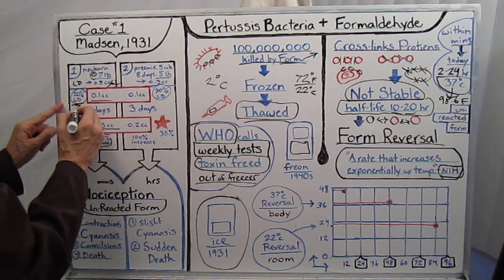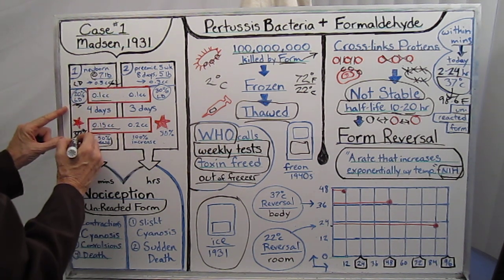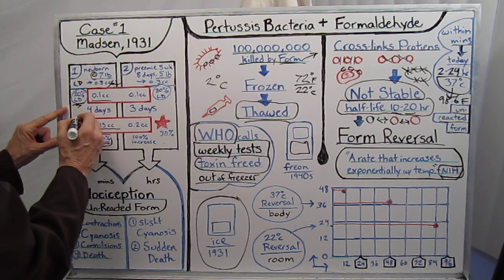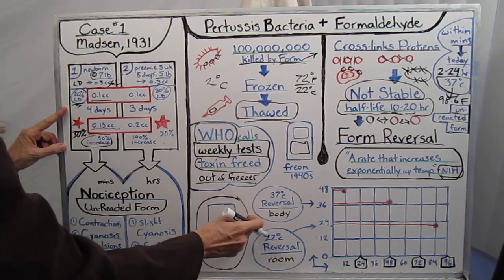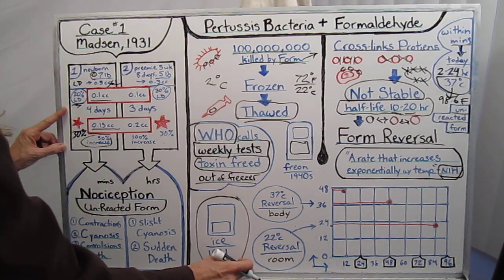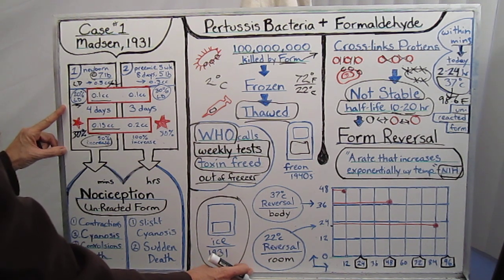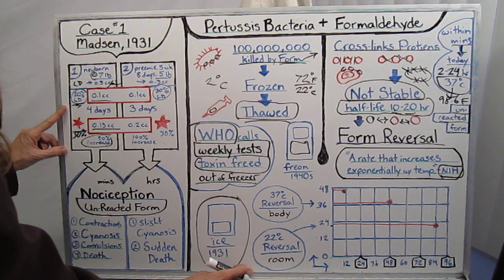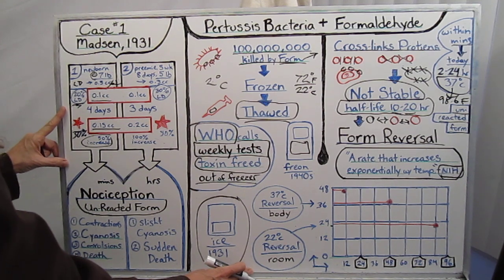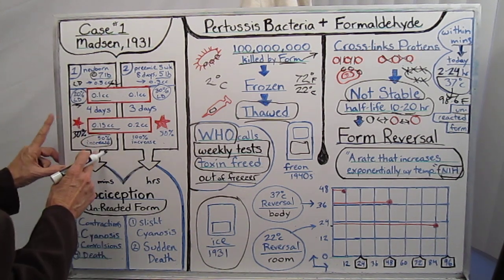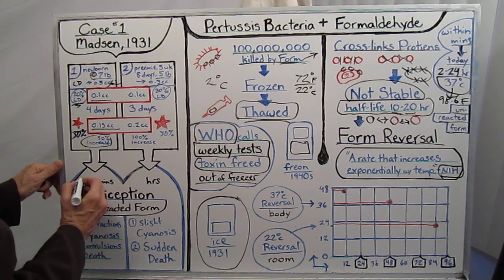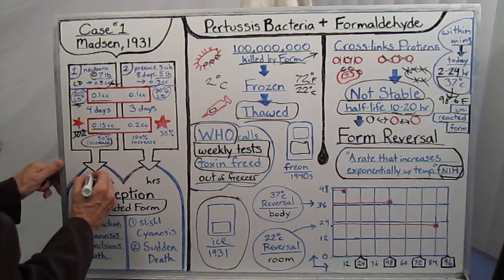Now you have the cumulative effect of the 20% and the 30% within a few days. You have the body temperature reversal in 2 days, and you have the reversal at room temperature, which is mostly the way they practiced it. Once he made this batch and left it out, and came back a few days later, either way there was enough reversal and accumulation to cause nociception for this child within 30 minutes.